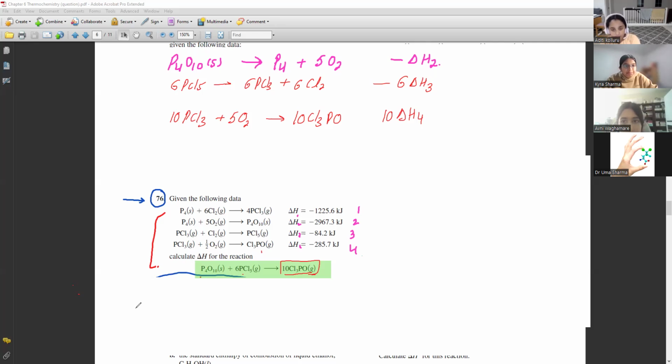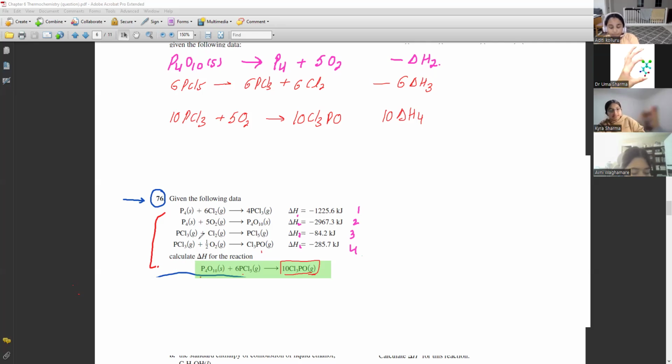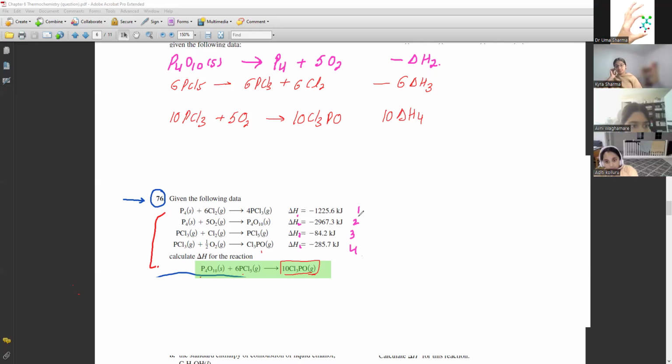Don't worry about O2 and Cl2. Just think about P4, because P4 is only in one of the equations. This equation you have already used, right? So the only left equation is 1, and that will help you in eliminating P4.